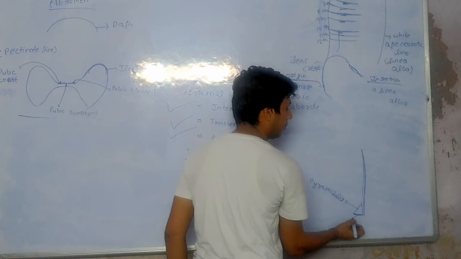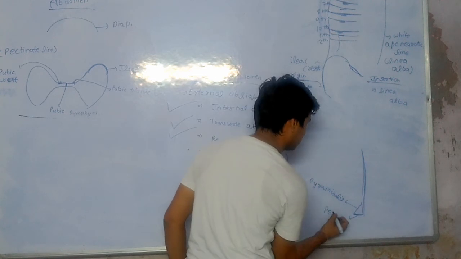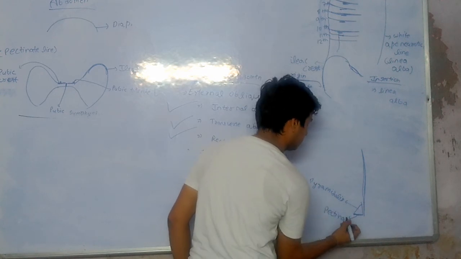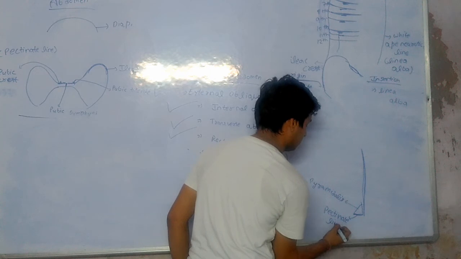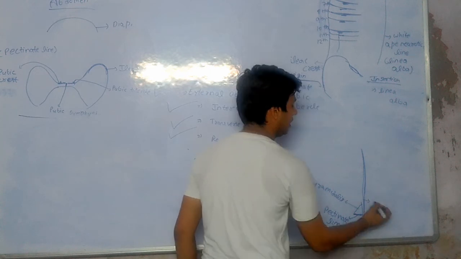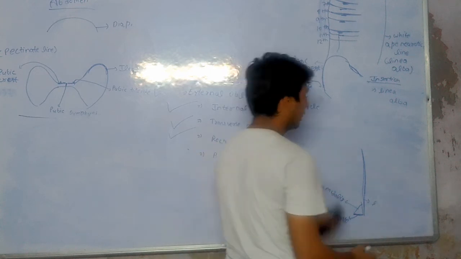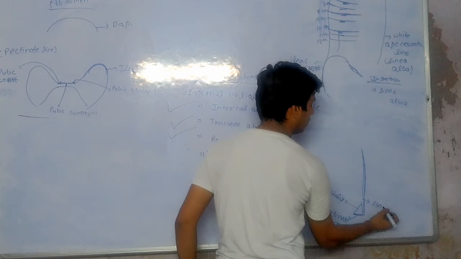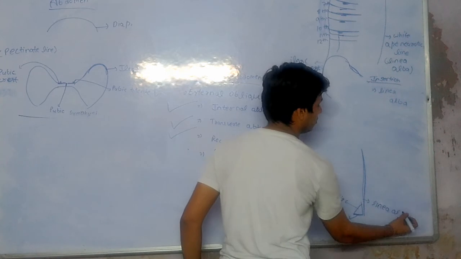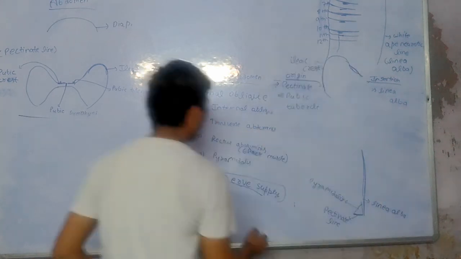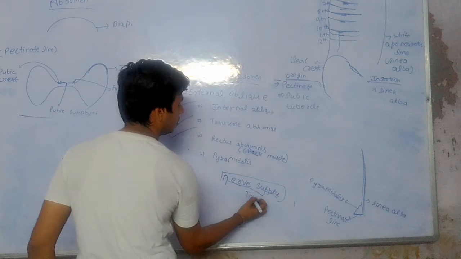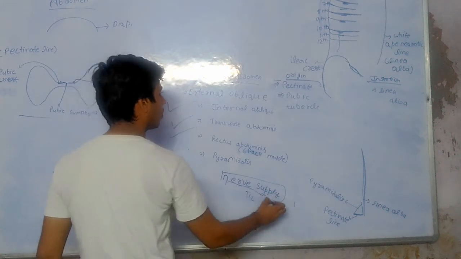Then pectinate line. And this is linea alba. It inserts into linea alba, a triangular muscle. Nerve supply of this is T12. It takes nerve supply from the T12 nerve.